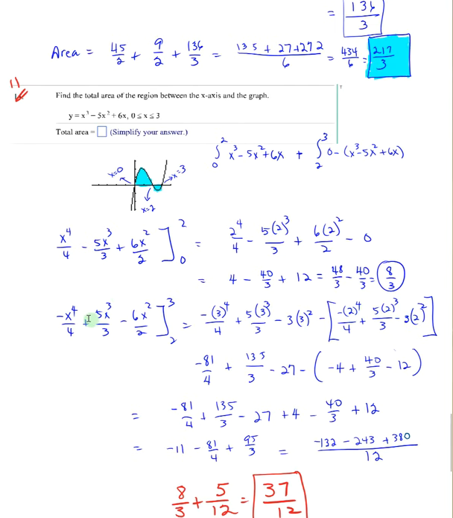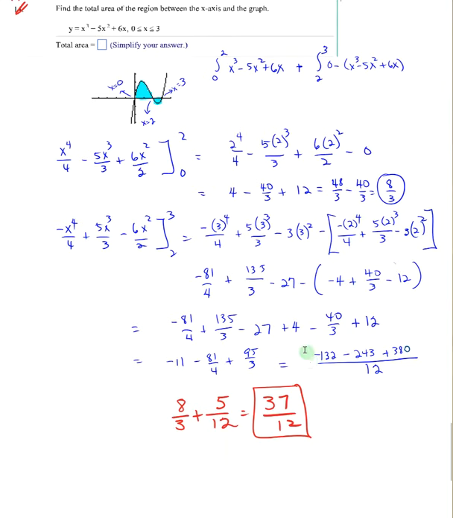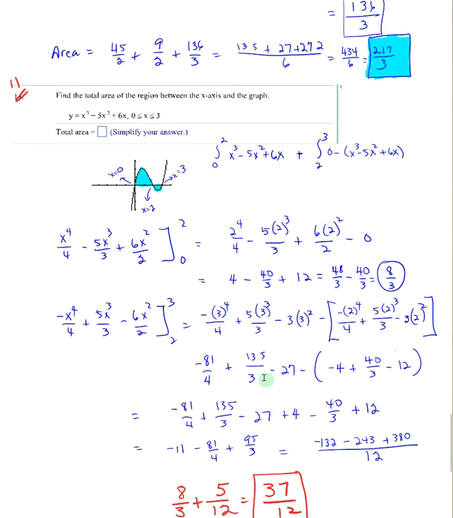There's a lot of fraction work, getting common denominators, and I'm not going to go through every step, but this piece should equal 5/12. You have to get a common denominator. 8/3 becomes 32/12, and you have 37/12 for your final answer. So that is the work for that. It is sometimes a little tedious. You have to be very careful with your fractions, but that should get you through these integrals and area.